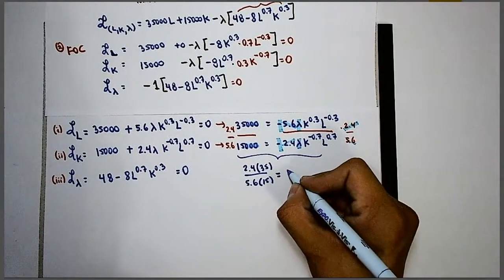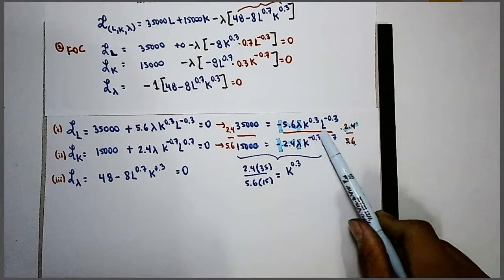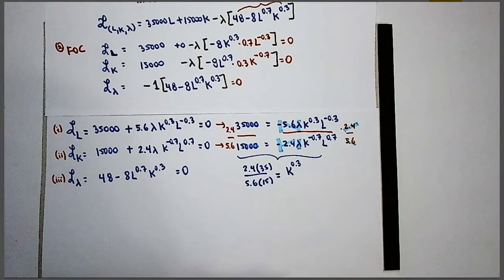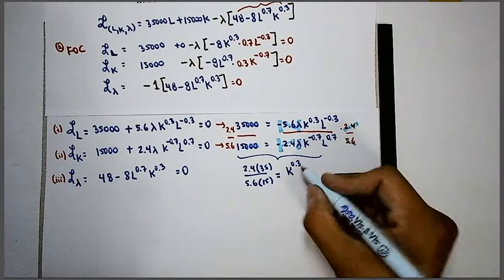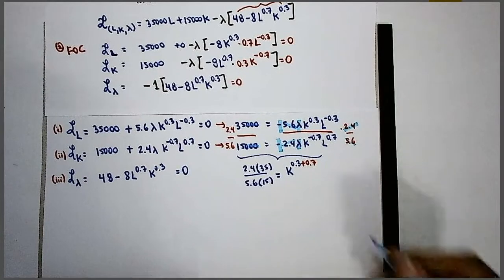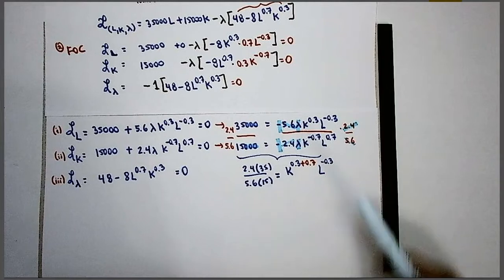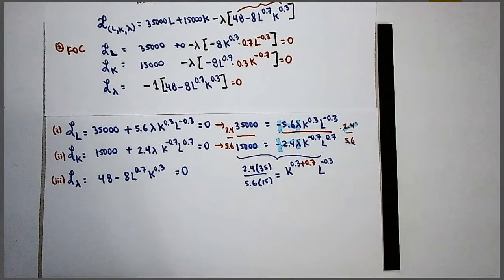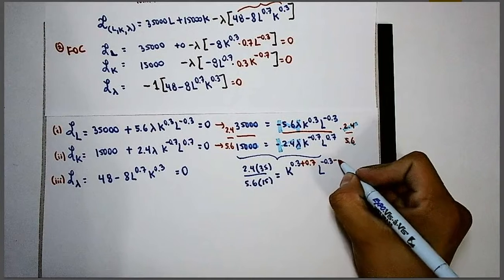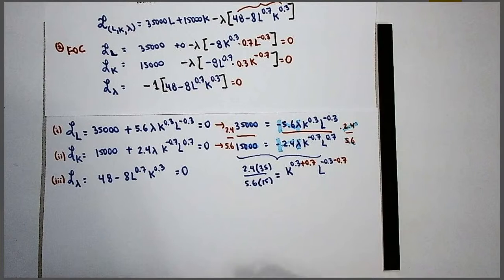Now notice, K is to the 0.3, and in the denominator we were subtracting 0.7. If we move it to the numerator, we will change the sign. The same happens for L. We move the 0.7, which was positive, to the numerator, changing the sign.